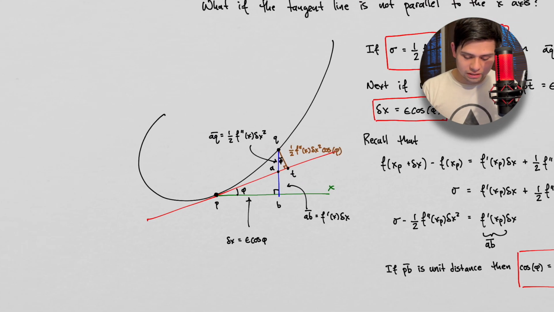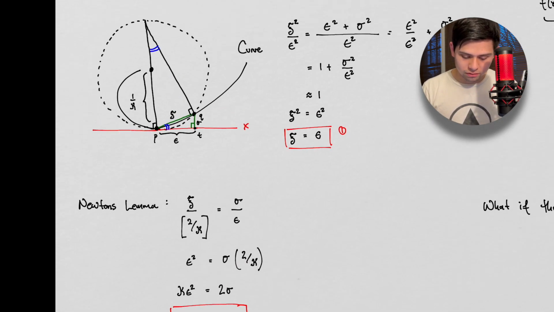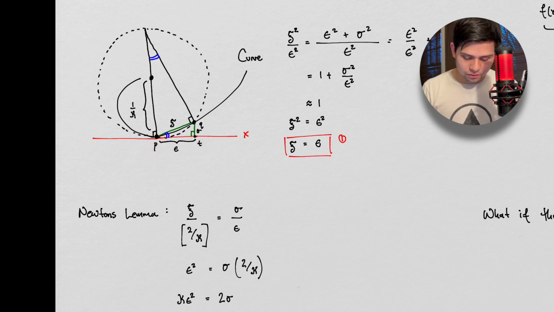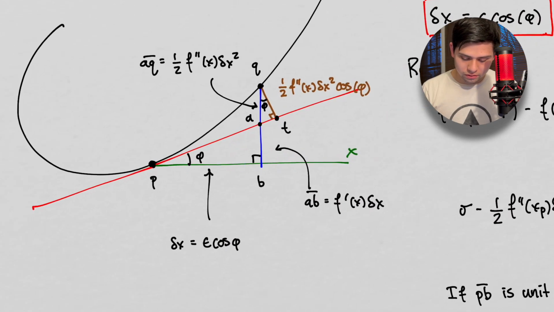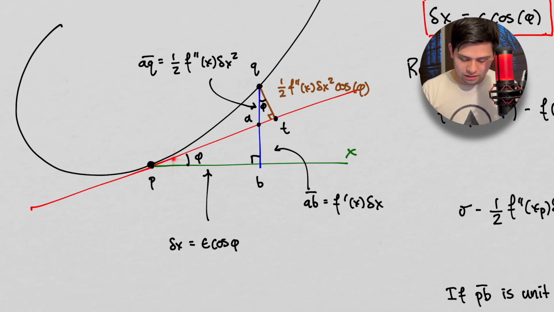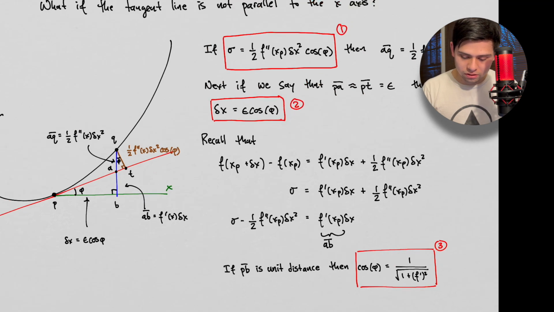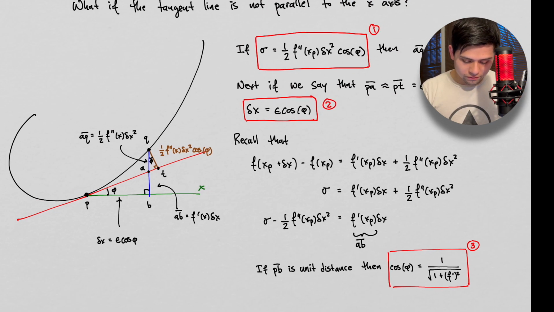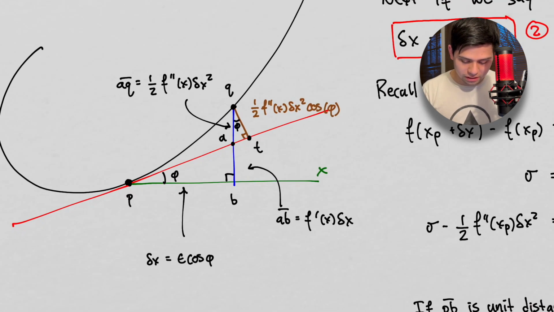So that distance epsilon that we talked about here, that's the distance between that P and that Q. So we want to say that this from P to T is epsilon. And so PA is approximately epsilon.